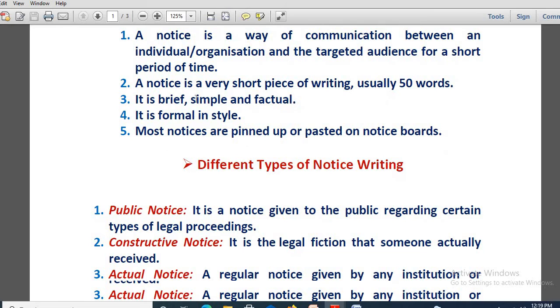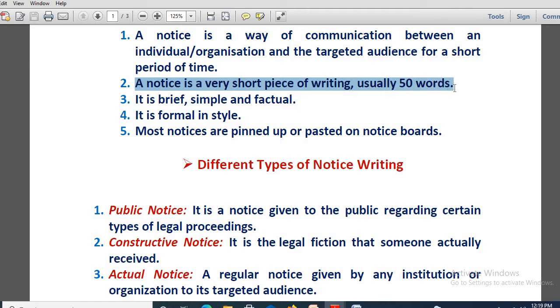Remember, the notice is a very short piece of writing. Usually the word limit is 50 words. It is simple, brief and factual. Yes, this is very important. It is simple, it is to the point. Every time you have to write it to the point. It is formal in style. And remember, most of the notices are pinned up or pasted on notice boards.